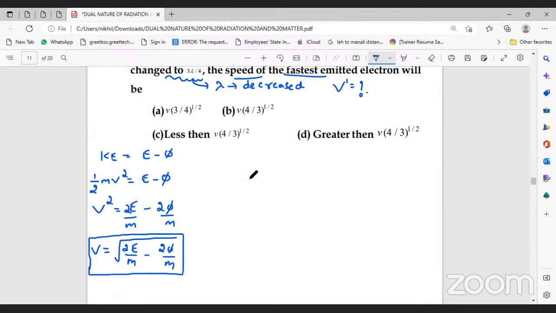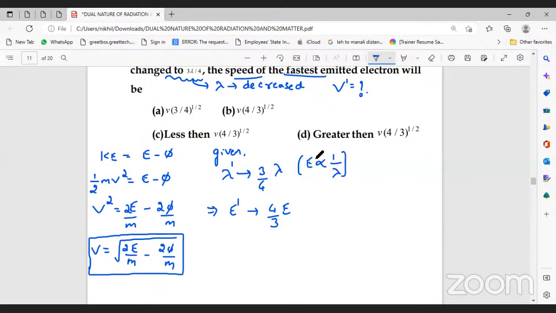Now, what is the given condition? Wavelength is changing to 3 times lambda by 4. So clearly this tells energy has to increase by 4 by 3 times of E, because energy is inversely proportional to wavelength.